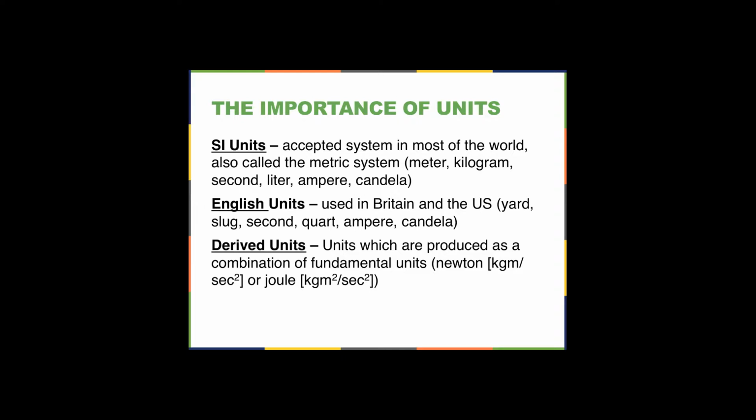So if we start with velocity, that's a derived unit, and it's a length divided by time. So it's meters per second or yards per second. And then acceleration is velocity over a period of time, so it becomes meters per second squared.